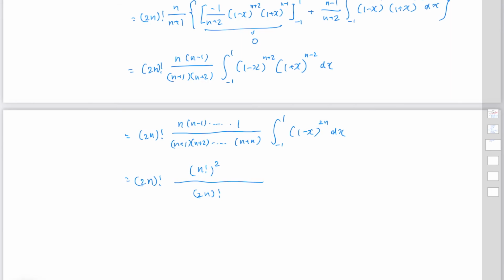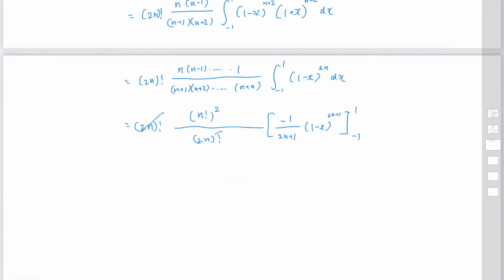This part you can integrate from minus 1 to 1, giving (1 minus x) to the 2n plus 1 over 2n plus 1, and this is going to be cancelled out. So it becomes factorial of n squared over (2n plus 1) times 2 to the 2n plus 1.